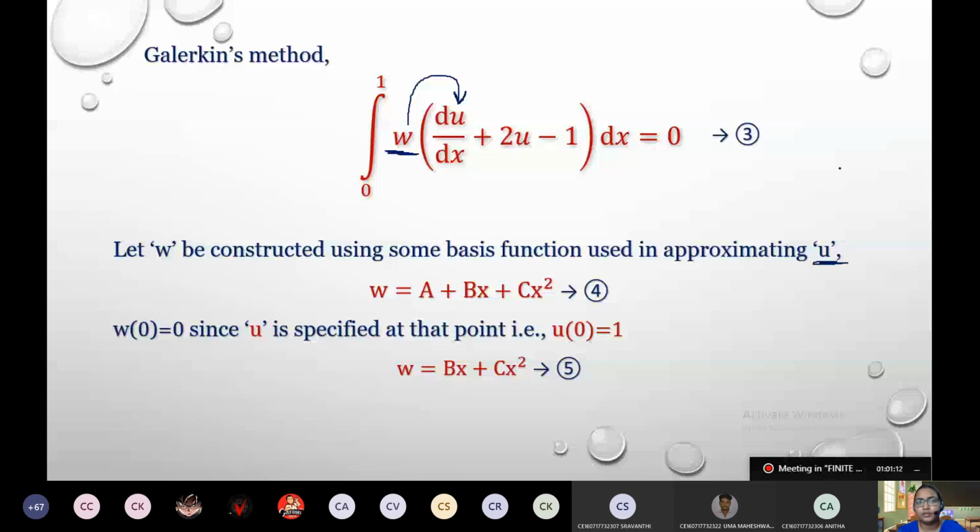Just as in the case of u, how you substituted: 0 is equal to A plus B into 0 plus C into 0 square. So the A value will become 0 directly. So we will have the weighting function as W is equal to Bx plus Cx square. So now we have a u function with small b and small c as the unknowns, and a weighting function with capital B and capital C as the unknowns.